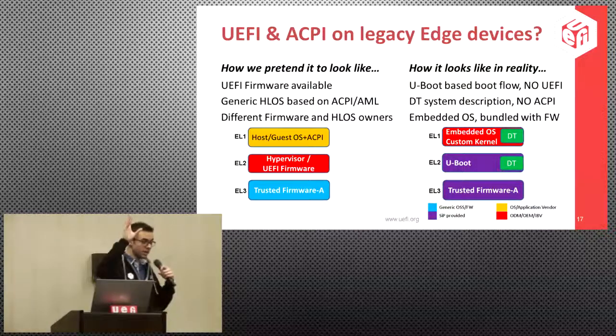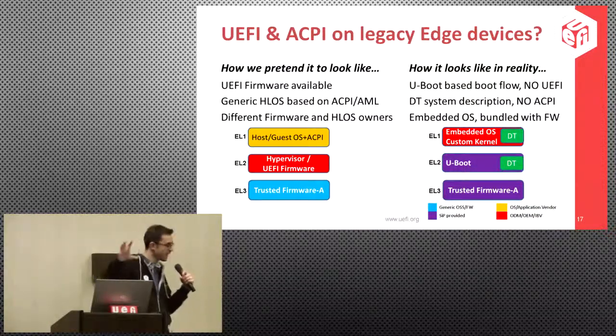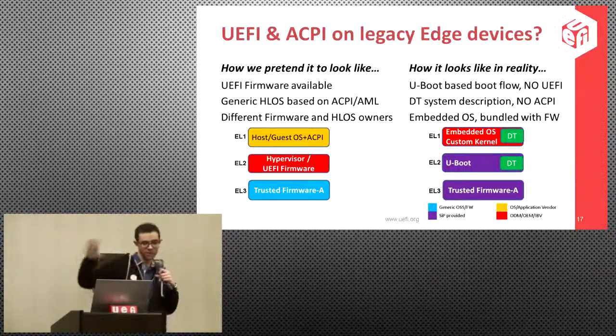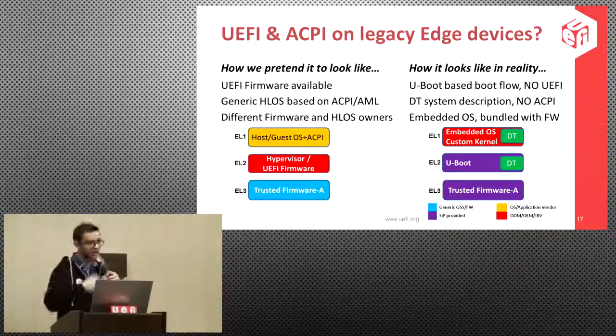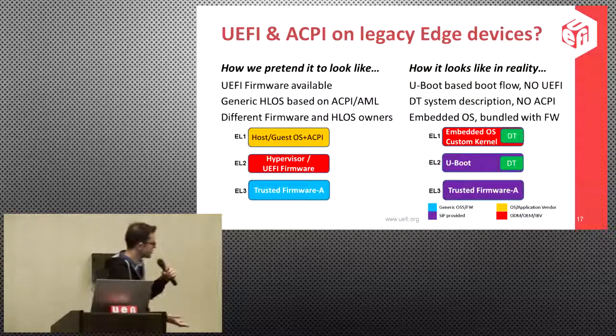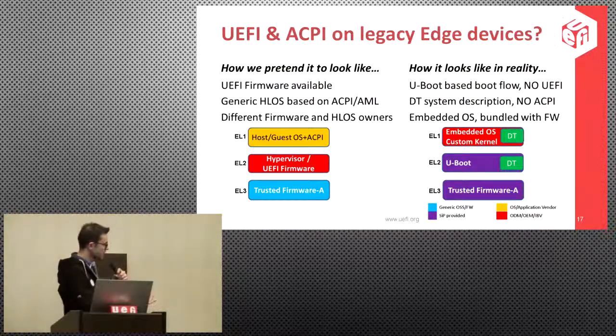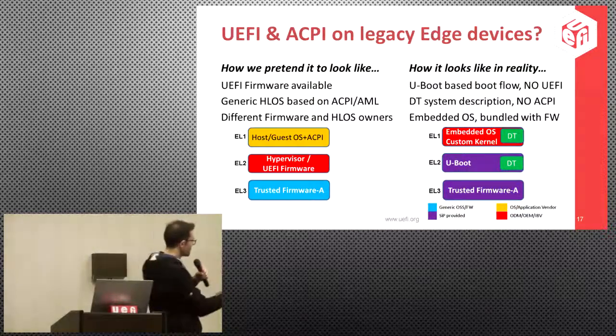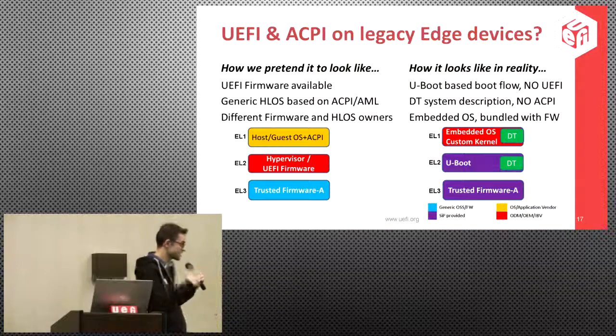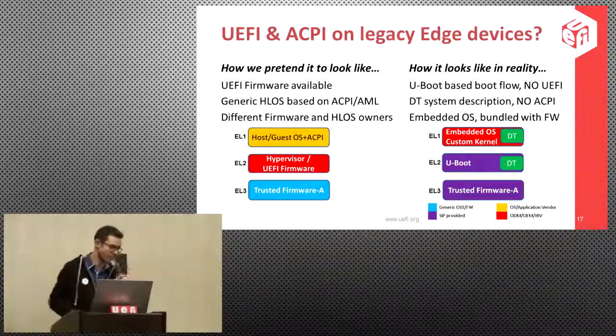And then on top, there is no concept of high-level operating system, but there is an embedded, possibly Yocto-based custom kernel that again comes with a device tree description, is deployed possibly all together in a single BSP, hate this word, and it's a traditional embedded vertical device.